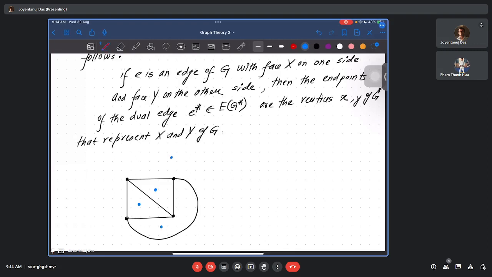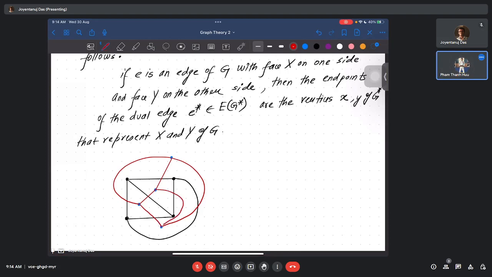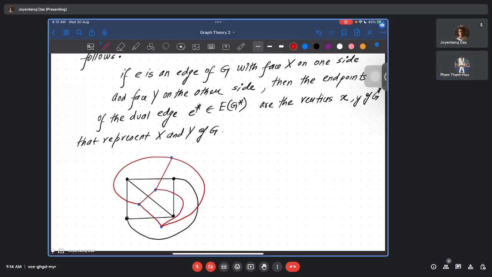Now what are the edges? These two faces have a common edge between them, so there will be an edge like this. Similarly, this edge will be there because there is a common edge between them. Is the graph clear?